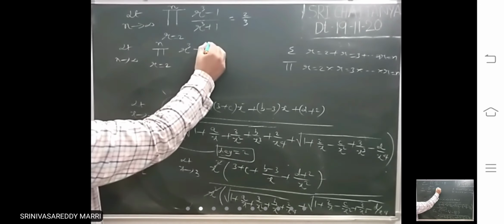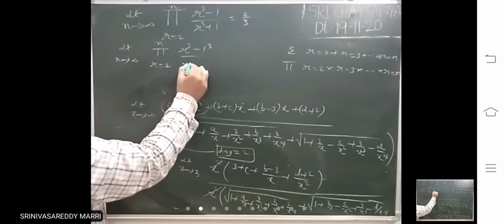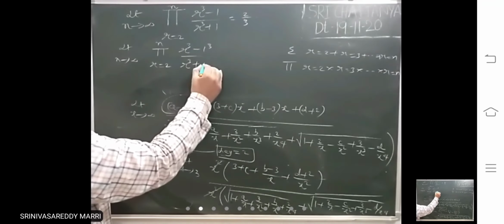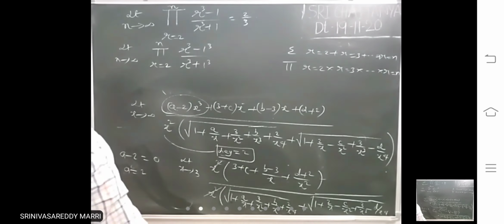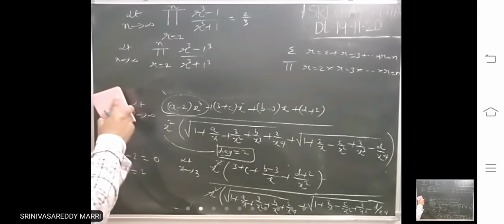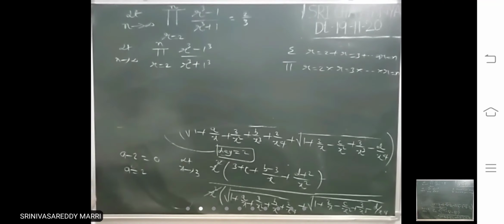This is r cube minus 1 cube divided by r cube plus 1 cube. Write a cube minus b cube.